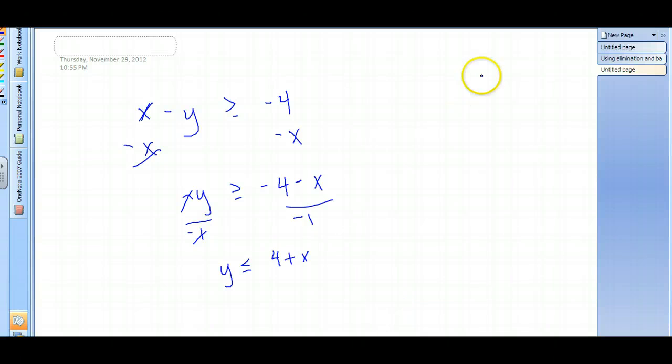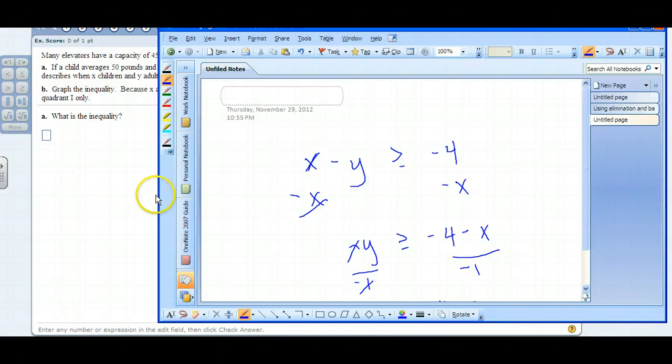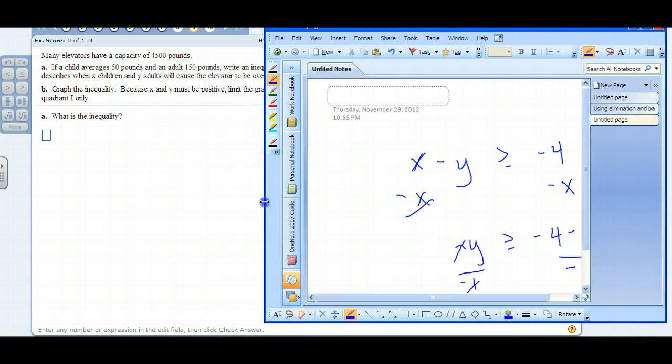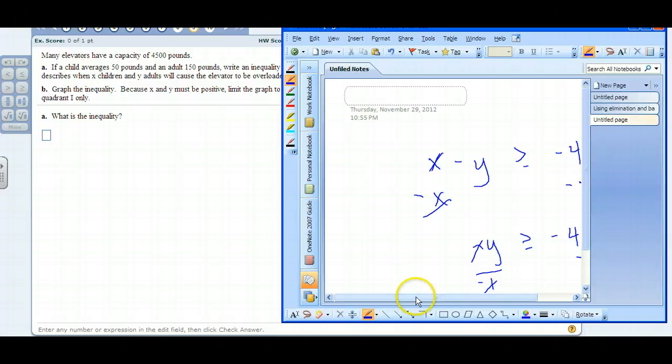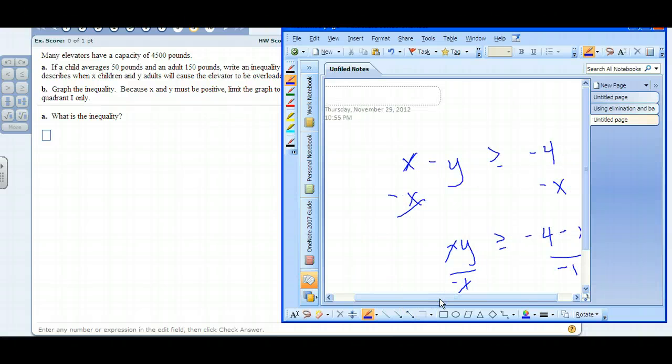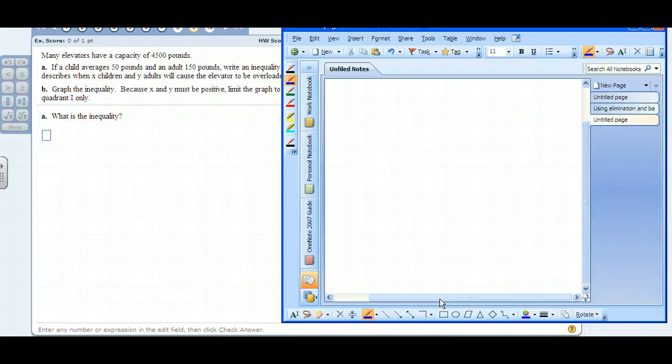Alright, now let me minimize this so we can look at both of them together. If this elevator is overloaded, that means that we have more than that 4,500 pounds. So that means the number of children that weigh 50 pounds times however many kids are on there, plus the number of adults that weigh 150 pounds times however many of them are on there, has exceeded that 4,500 pound weight limit.